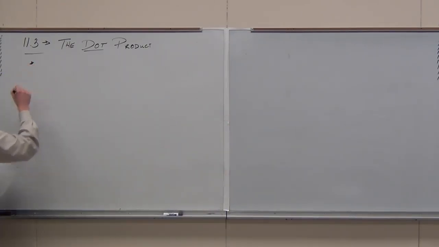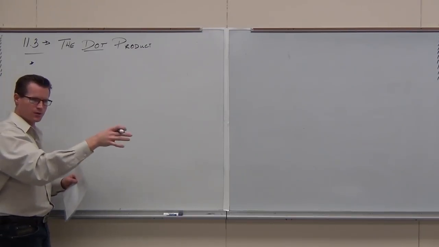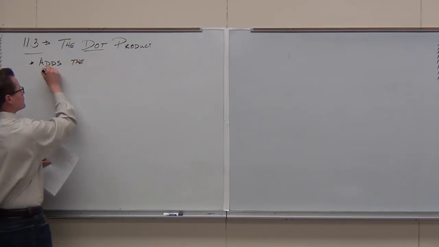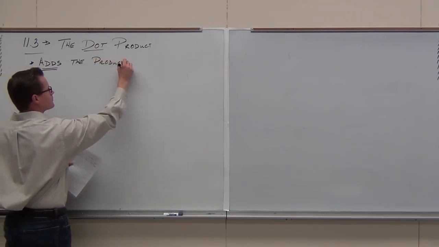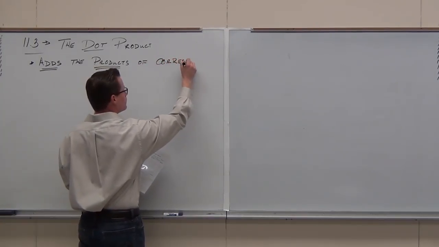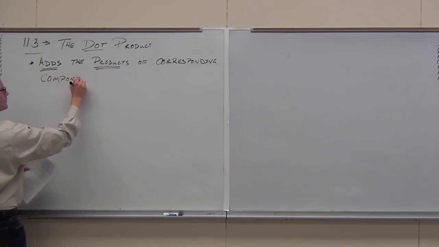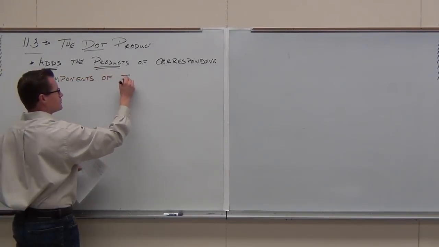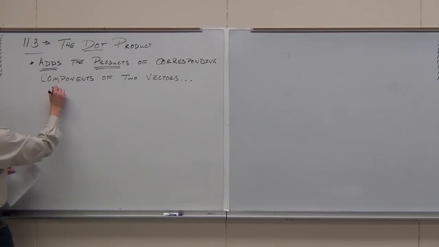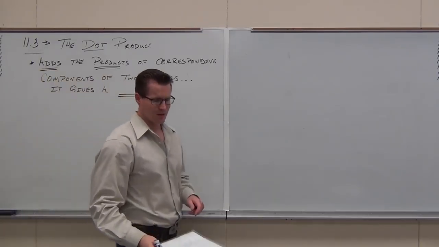So write this down: a dot product is going to add the products of corresponding components of your vectors.